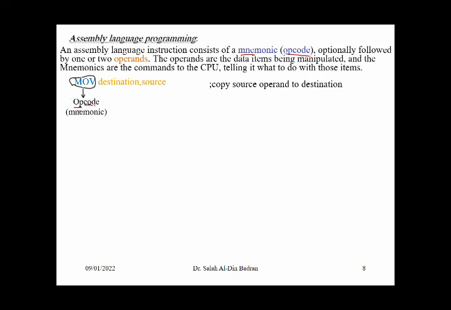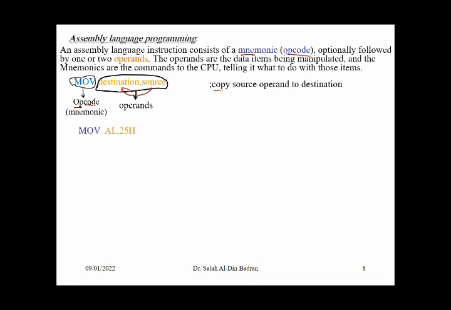This code, MOV, means move. What operation does it do? It copies. Move means copy the source to the destination. Take the contents of this source and copy it into this destination. All of this is called operands, destination and source.